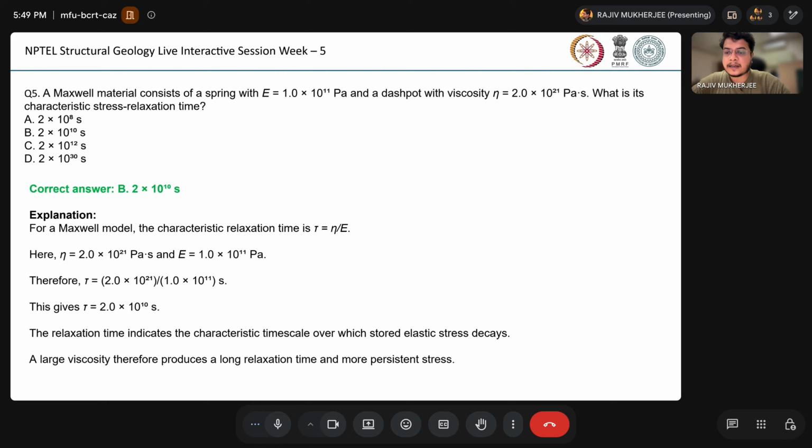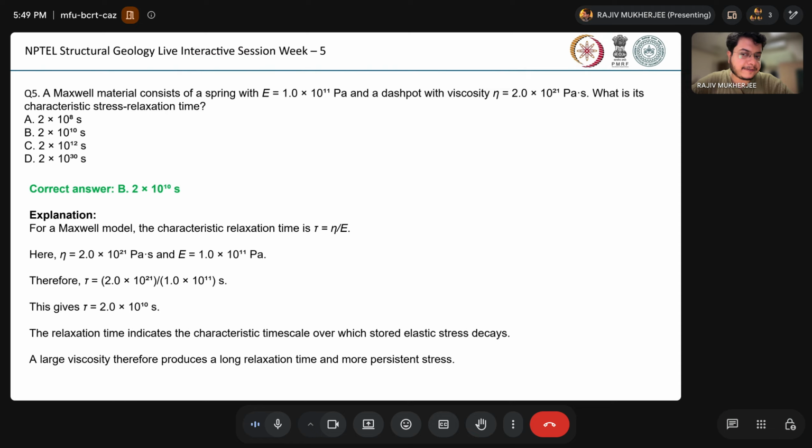Actually, a large viscosity produces a long relaxation time and more persistent stress, and that's for sure, right? It also depends on the elastic modulus of the material. The higher the elastic modulus, the stiffer the material.